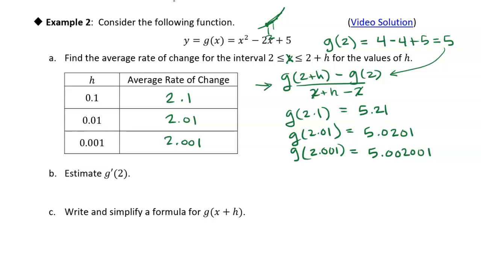All right, so based on my results, it looks like my average rate of change is approaching 2, right? So if I was going to estimate g prime of 2, remember that the derivative is the instantaneous rate of change at that point, which is the limit as those intervals get smaller and smaller.